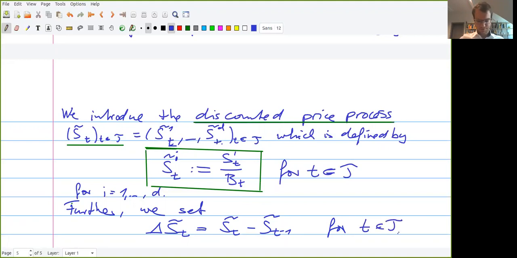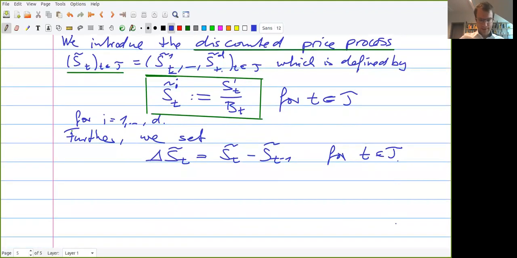Okay. All right. So we want to go over from undiscounted quantities to discounted quantities. So we want to understand how the objects we introduced behave now under the notion of discounting.